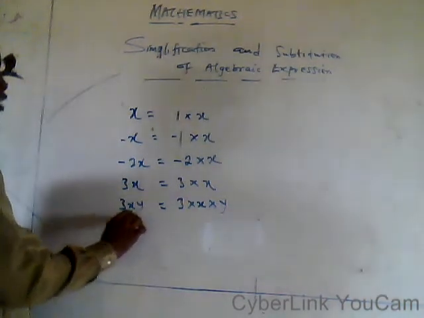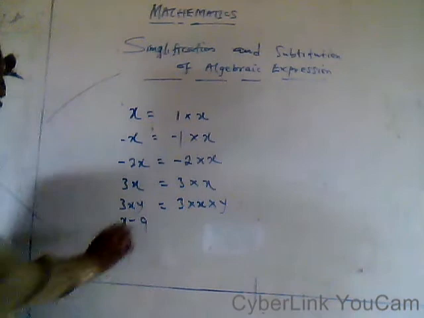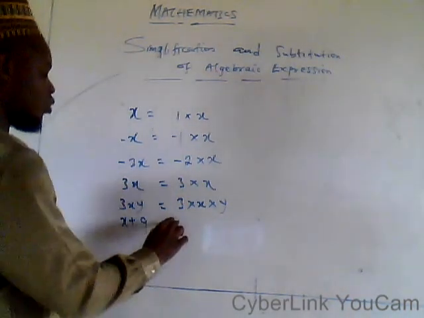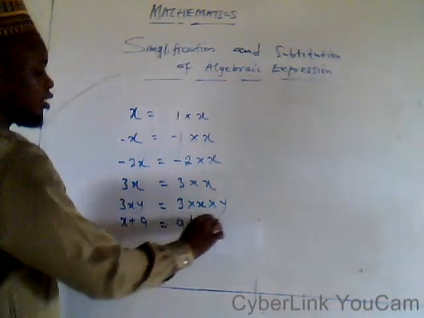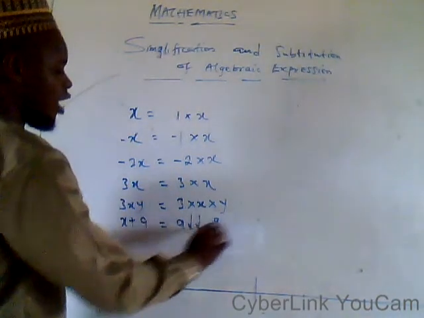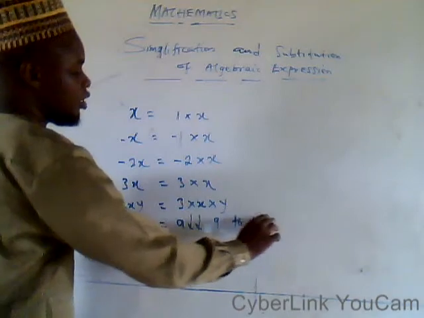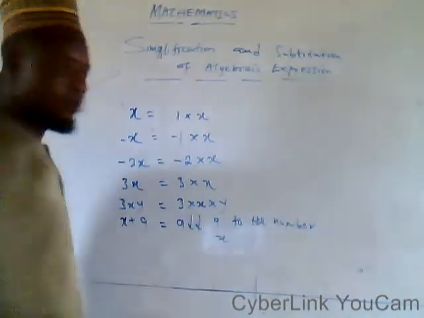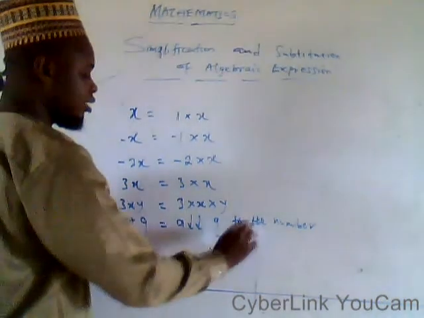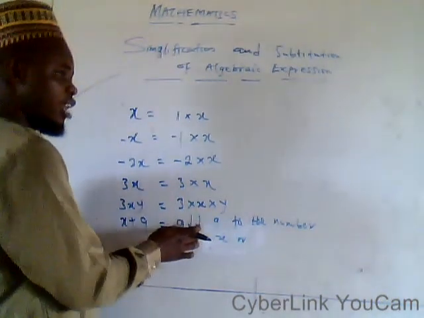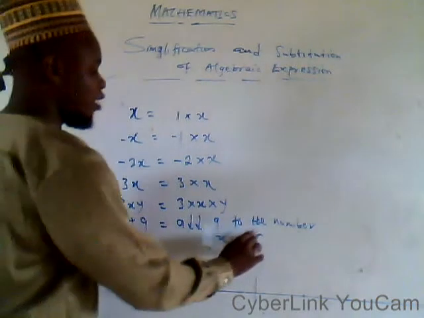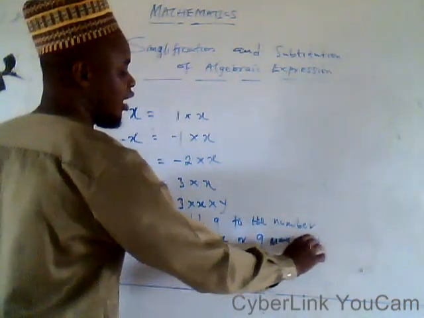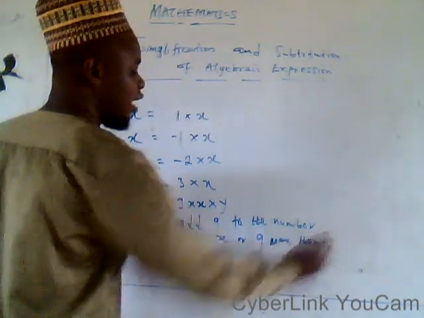Now, let's say you have x plus 9. The value of your x plus 9 means you had 9 added to the number x, or it can mean that you have 9 more than x.